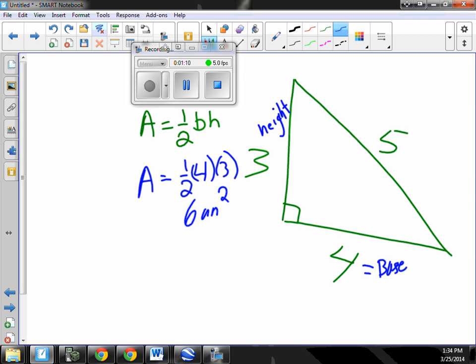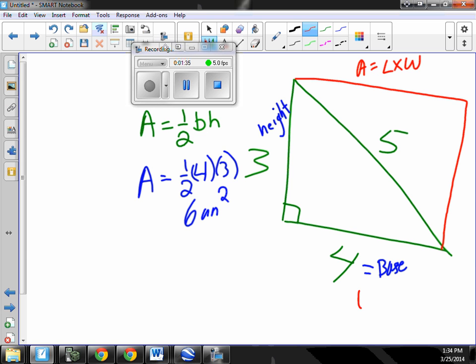Why does that formula work? Close. Half of a rectangle. So Chase said, well, if I create a rectangle, the area of a rectangle is length times width.